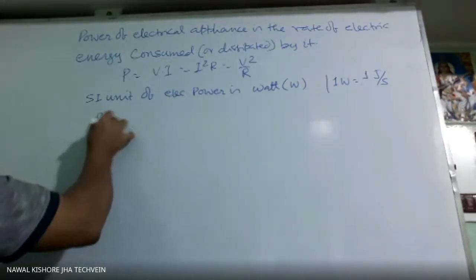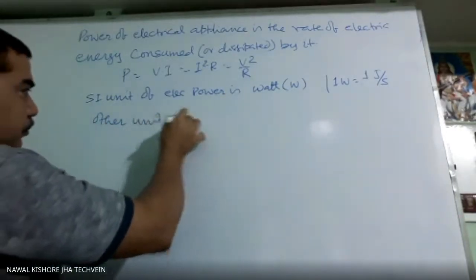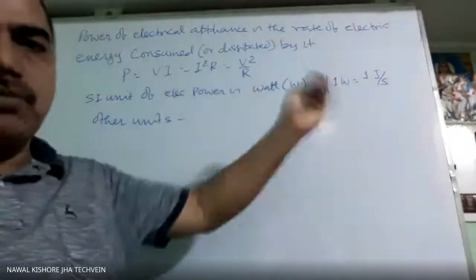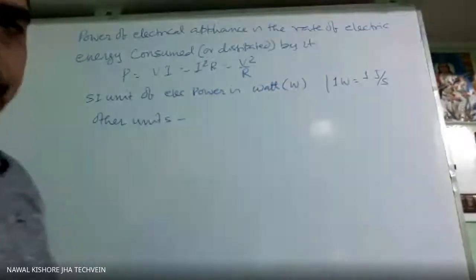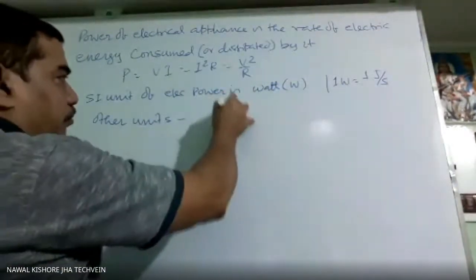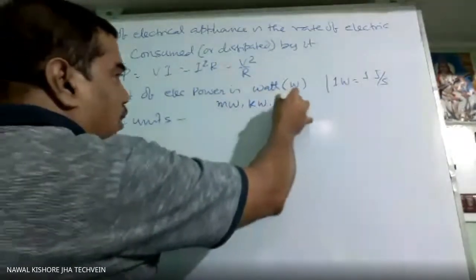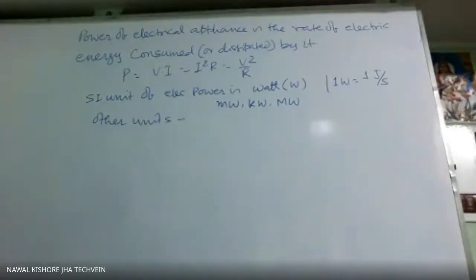Now other units are frequently used. Multiples and sub-multiples of this are also there: kilowatt, megawatt, milliwatt. These are the multiples and sub-multiples of watt only.